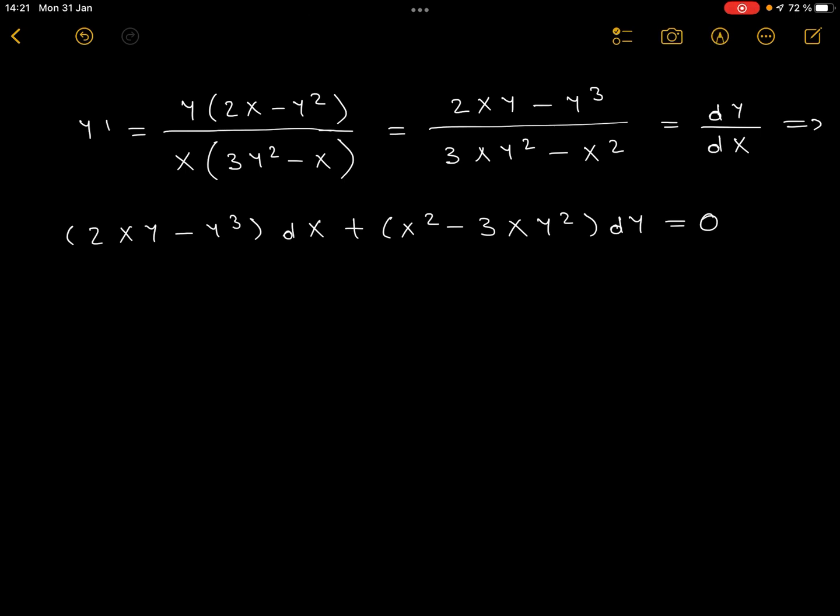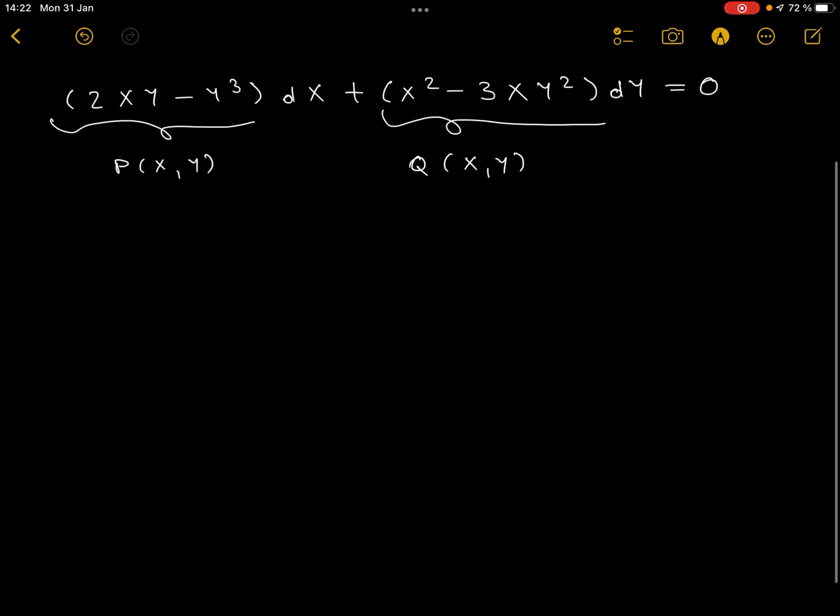Now we can say that the first part is a function of x and y, we'll call it P, and the second is another function of x and y, we'll call it Q. So we want to check whether or not this differential equation is an exact differential equation.